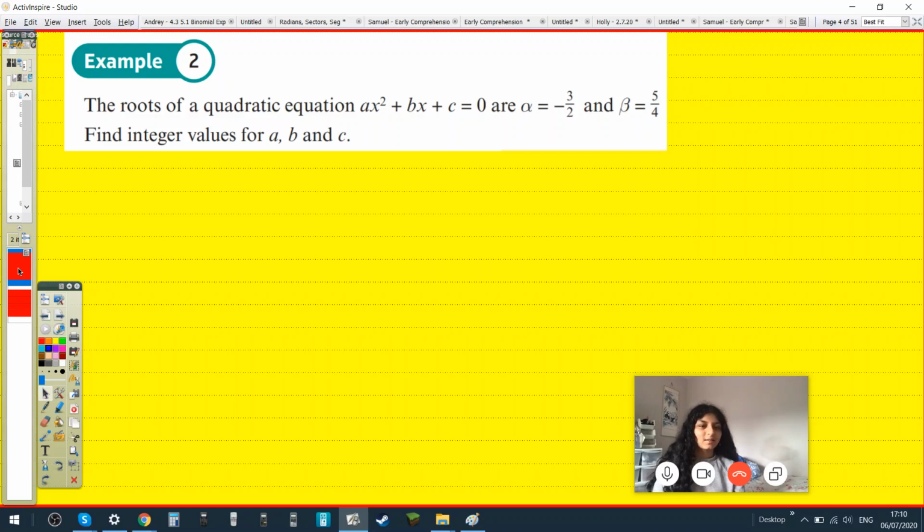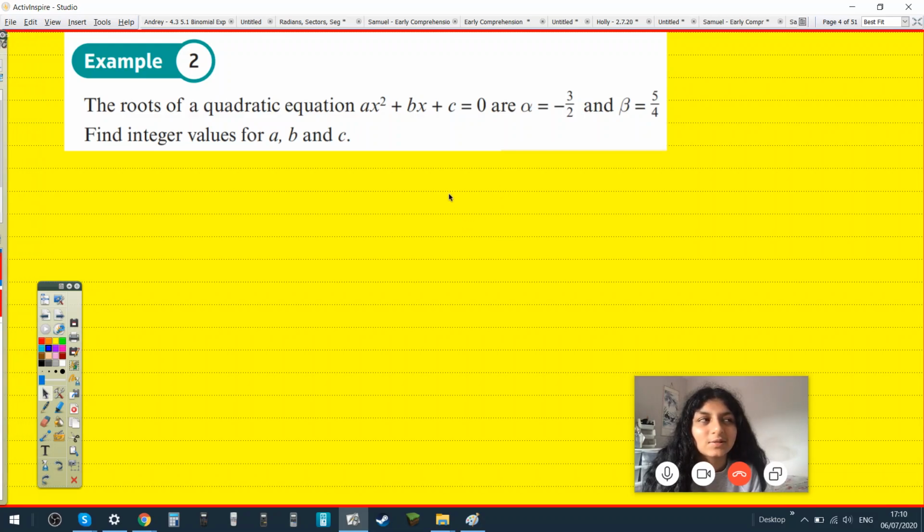Oh, it gave you the formulas. So one of them is equal to C over A when you multiply them, right? Alpha times beta, yeah, is equal to C over A. Okay, that's not really helpful, but that was it.